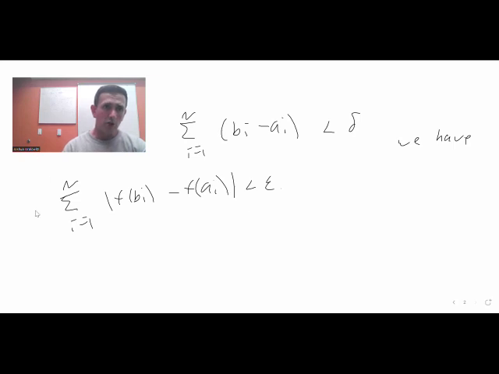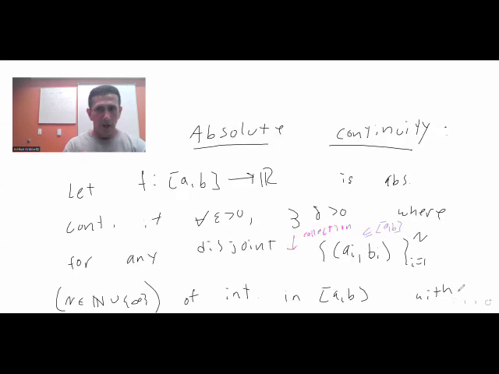So something kind of trivial. Absolute continuity implies continuity. Okay. So in particular, just set big N to be 1 and just look at a single interval.